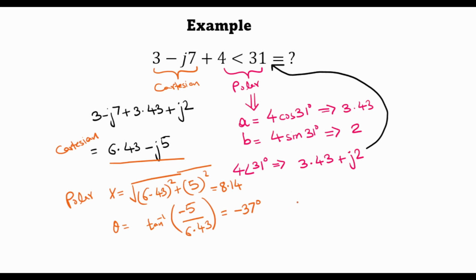Therefore, the solution in the polar form is equal to 8.14 angle minus 37 degrees.